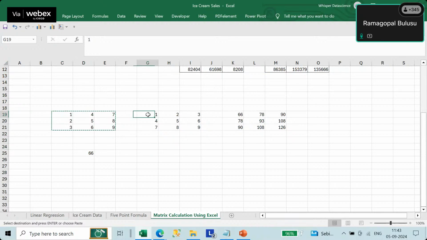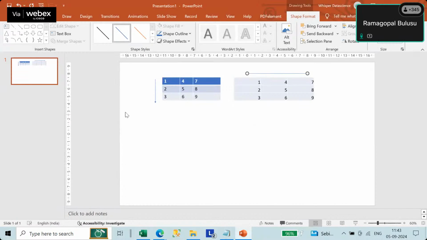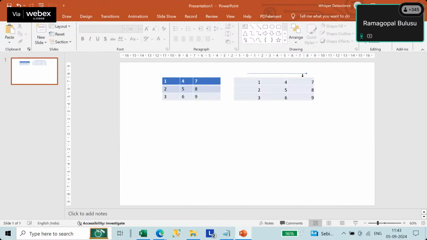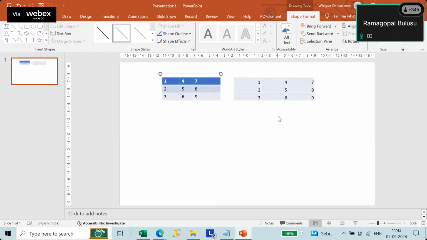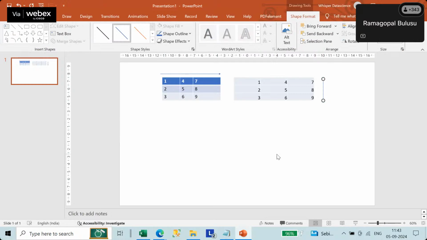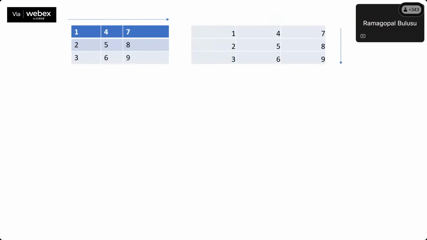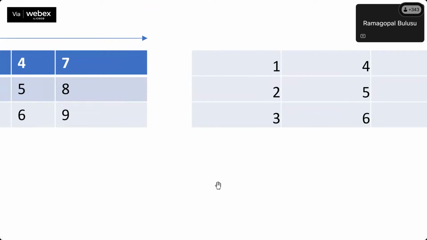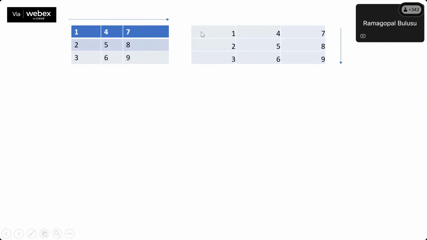So 1 into 1, 4 into 2, 7 into 3. Then next 2 into 4, 5 into 5, 8 into 6. 3 into 7, 6 into 8, 9 into 9.